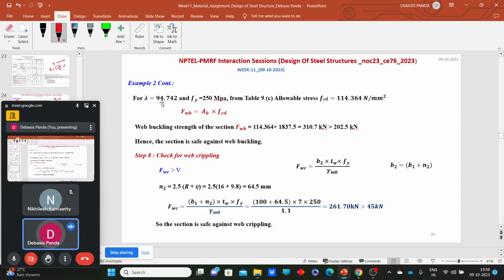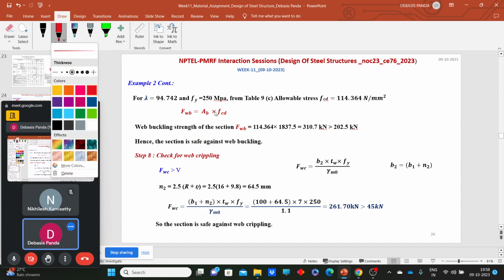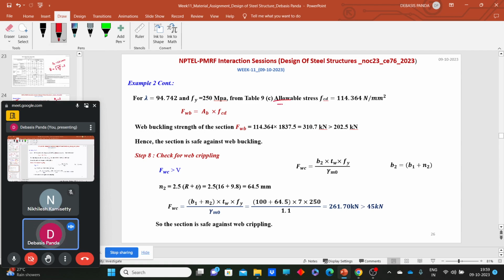With respect to this lambda, 94.72, and for Fy 250, if we search Table 9C, the allowable compressive stress, or we can say compressive strength, comes as 114.346.